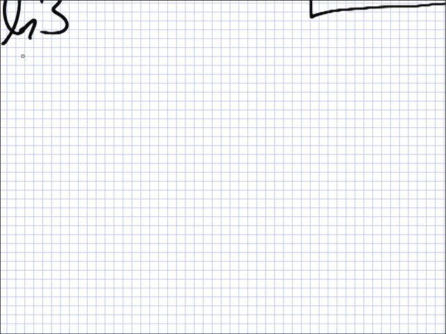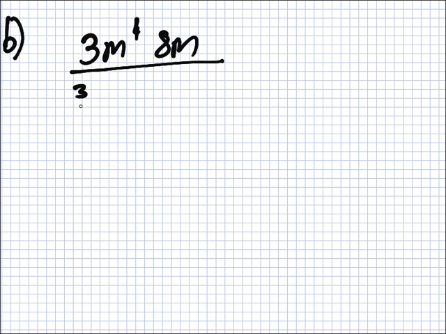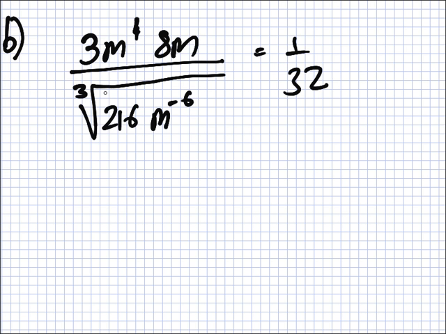So what was the last number I said? 2, 3, 2. Okay, B. 3m^4 times 8m over the cube root of 216m^(-6) equals 1 over 32. This was badly answered. On the top, that's 24m^5.